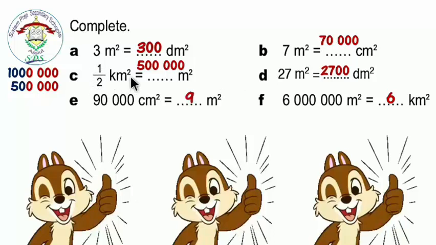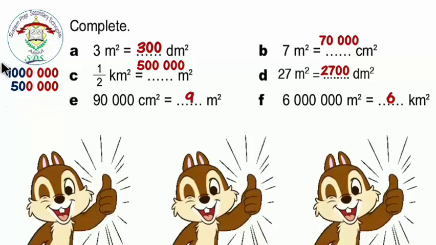Half square kilometer equals blank square meters. To solve this problem, please pay attention with me. We know 1 square kilometer equals 1 million square meters. So the half will be, half means 50.